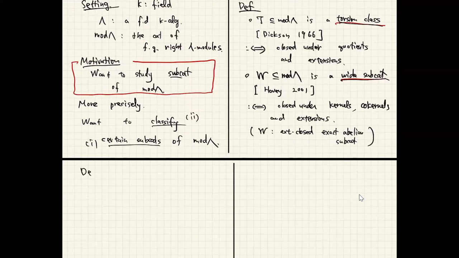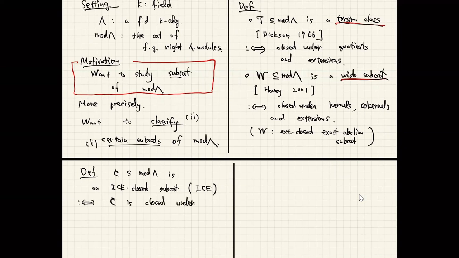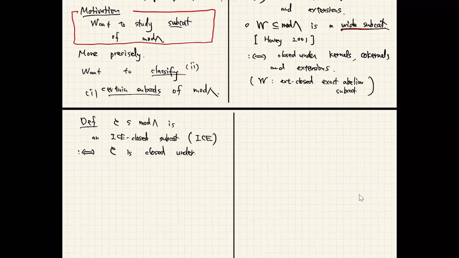A subcategory C of mod lambda is an ICE-closed subcategory, or I simply say it's ICE, if C is closed under ICE operations. Here I is images, so closed under taking images, closed under taking cokernels, and closed under taking extensions.